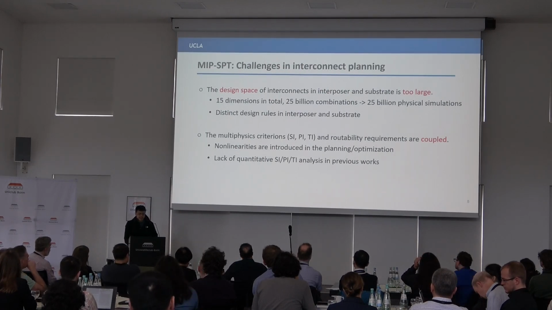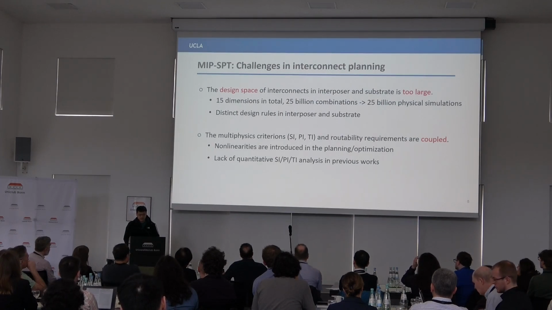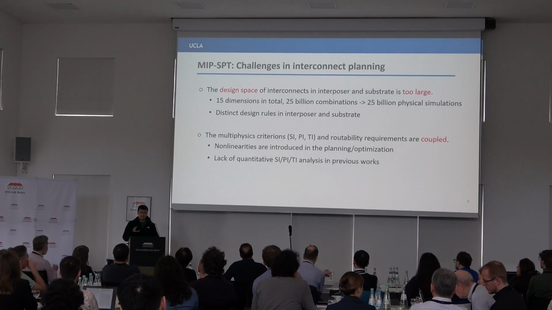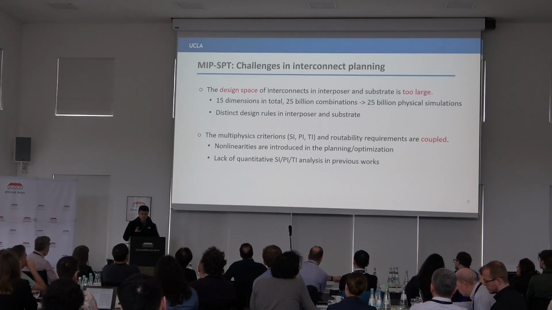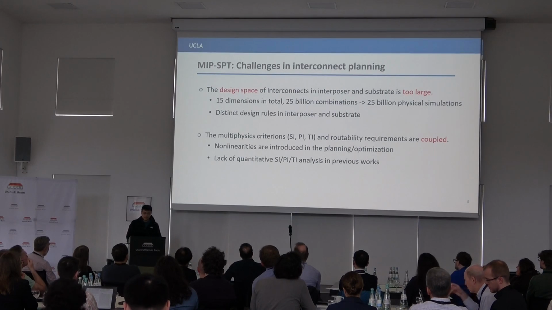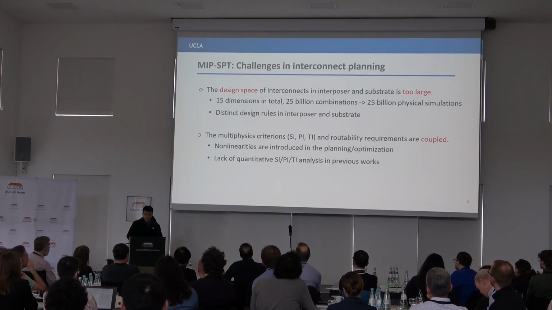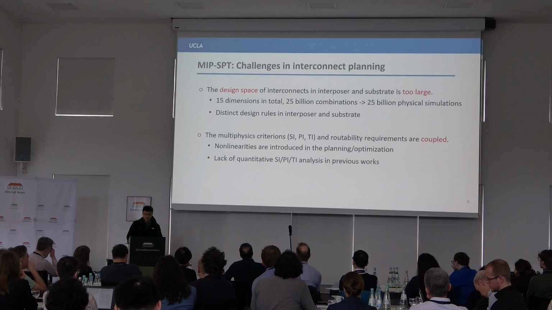And the second challenge is that the multi-physics criteria and the routability constraints are coupled, and this coupling introduces nonlinearities in our planning and optimization problem, and brings difficulties for solving this problem. And in this work, we do quantitative SI, PI, and TI analysis, which is different from previous works.